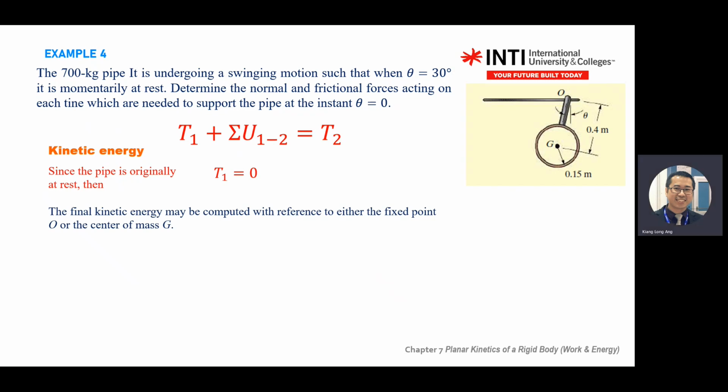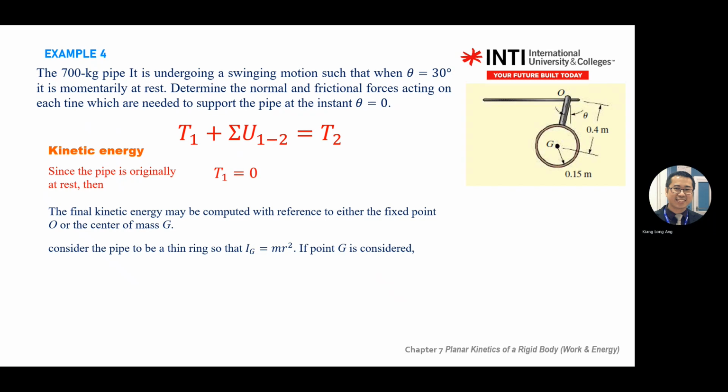Your kinetic energy can be computed by referencing in two ways: either you refer to O or you refer to G. This is a ring structure, so your Ig equals mr square. If you refer to the graph or table, you'll get mr square.